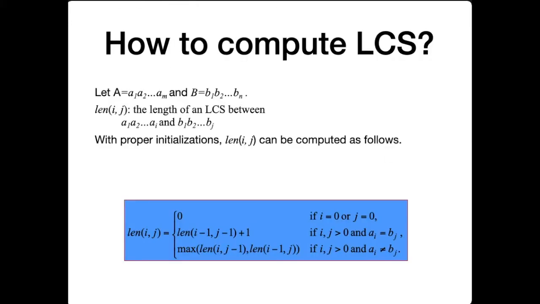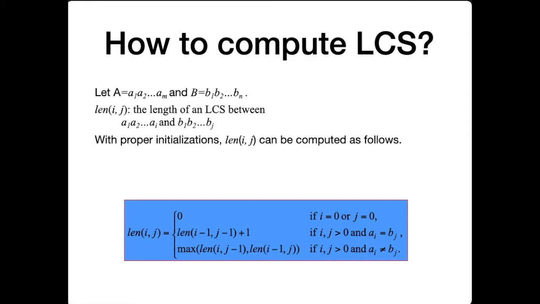And again, for the dynamic programming approach, it is necessary to have a certain property, a recurrence relation that relates the characteristic of the larger instance with respect to the smaller instance.